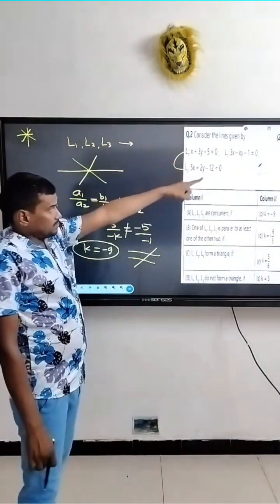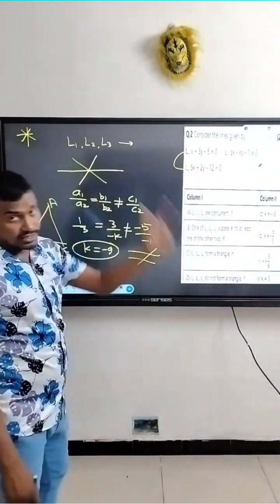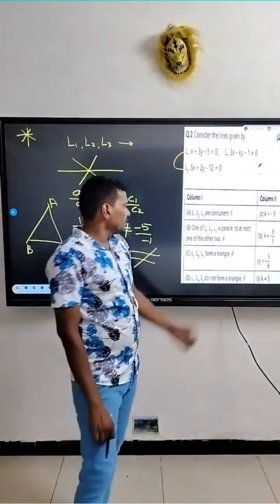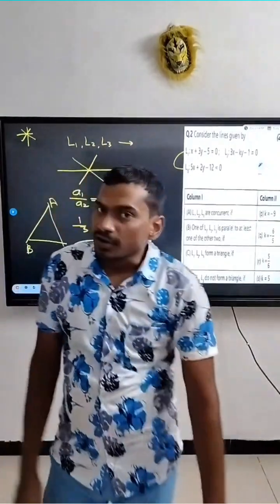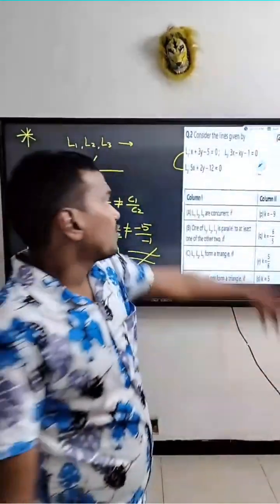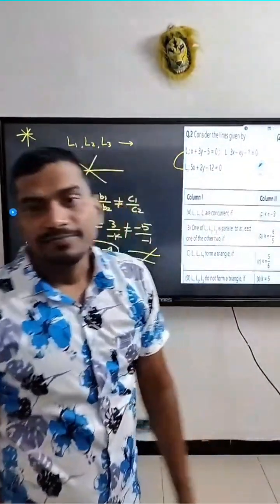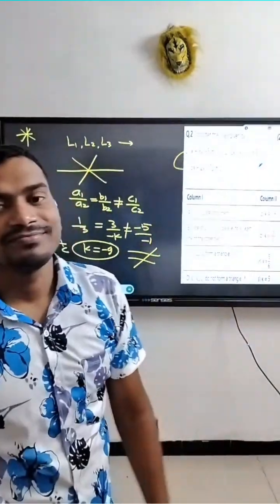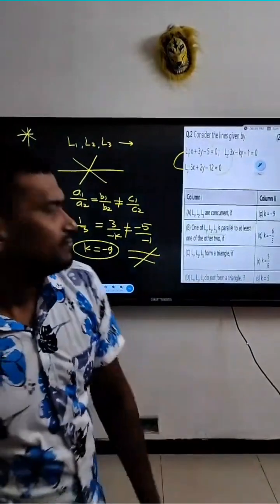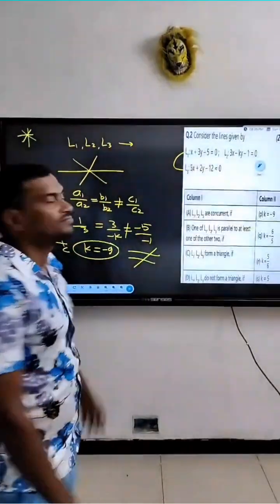For that purpose, you have to find the point of intersection, then you have to decide. When they will not be forming the triangle, you can decide. If they are concurrent, they will not be forming the triangle. If any two are parallel, they will not be forming the triangle. So it was a good question, but just calculation is needed.